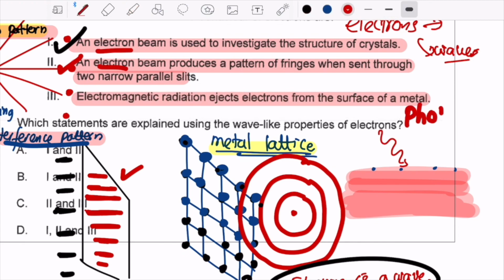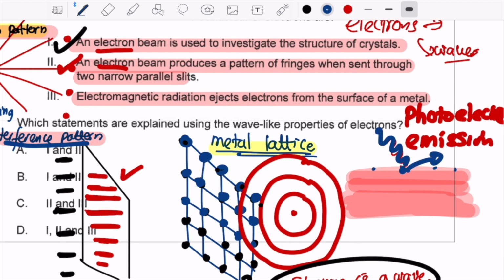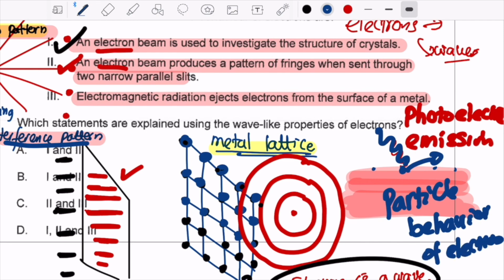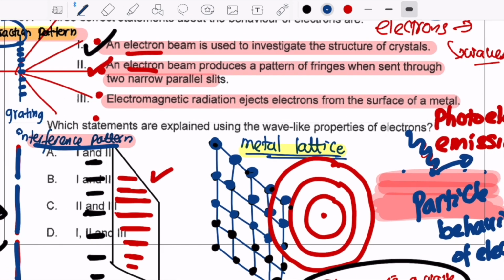Let me write the word photoelectric emission, right? That is true, but here a photon comes, interacts with an electron and kicks it out of the metal structure. This is not wave behavior, this is particle behavior. I repeat, there is no single slit diffraction, no double slit interference, no multiple slit diffraction pattern.